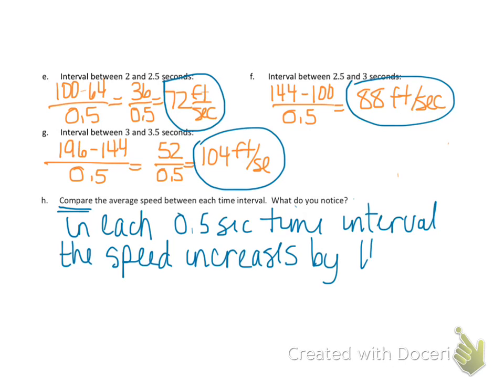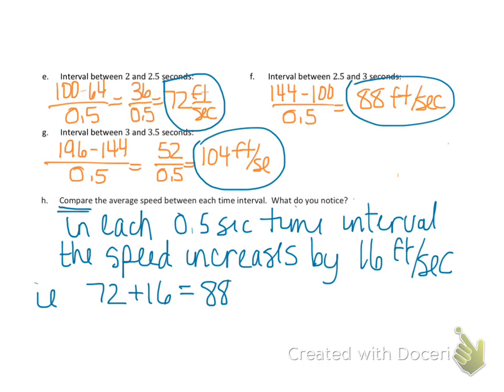By 16 feet per second each time. So when we were at 72 feet per second, we add 16, we get 88. So there's our example right there. When that happens, you can check it at every time interval. It's always increasing by 16 feet per second. Every half second, it increases that much.